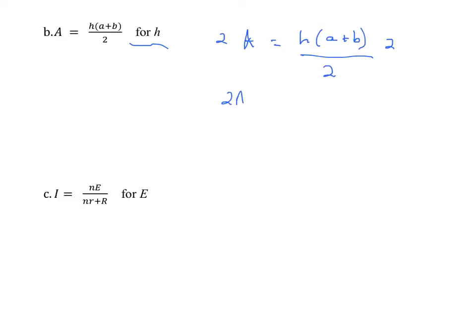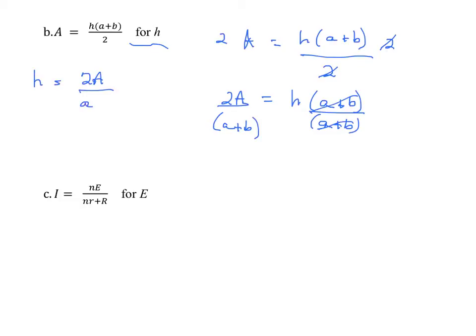The 2's will divide out. Then I'm going to get h alone by dividing by this big a plus b, because it's multiplied by h. These will divide out. So my final answer is h is equal to 2A over (a plus b).